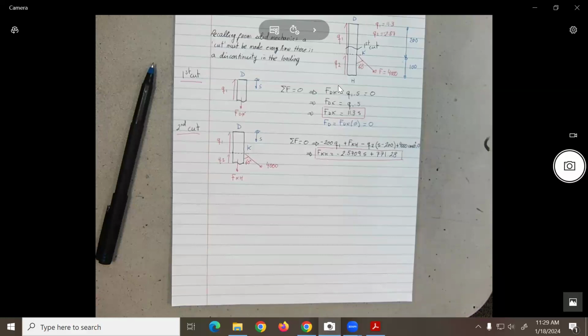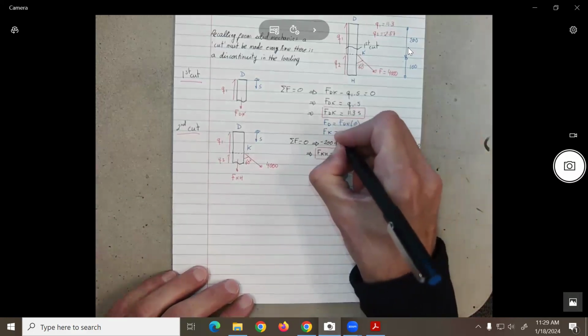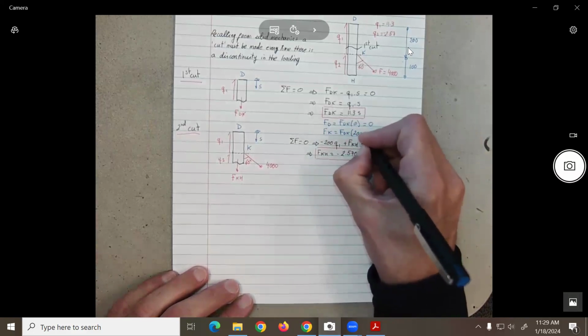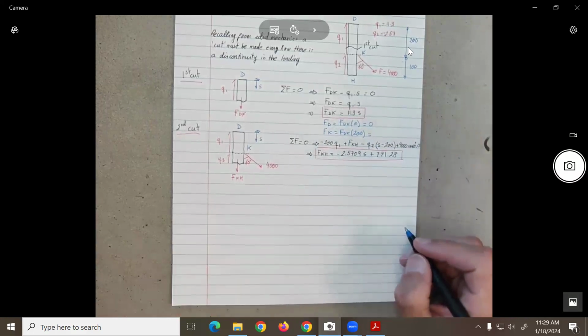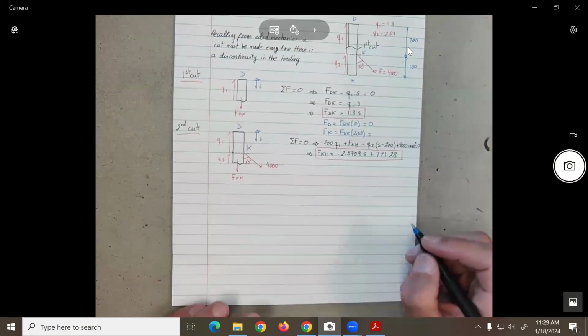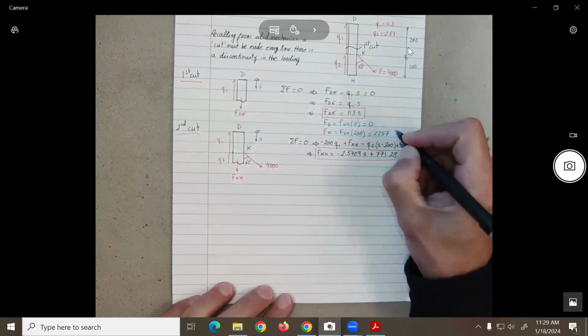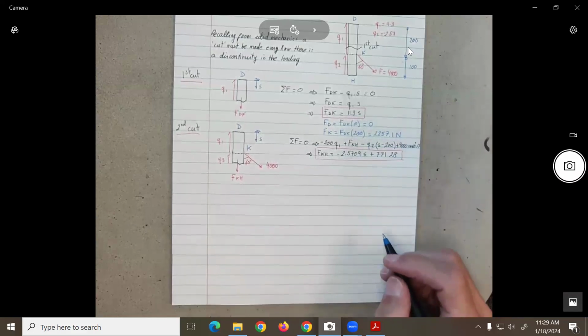Now, we want to calculate what would be the load here at point K. So that is at what distance? So we could say FK from this equation should be equal to FDK at 200. So if you do that multiplication, 11.3 times 200, you should get 2,257.1 newtons.